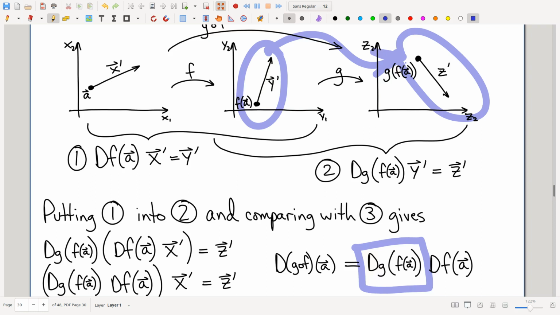We are at this point, f of A. We are not at the point A. We are nowhere near the point A. A doesn't even live in the same universe as where we are when we're talking about the DG matrix. The DG matrix is defined over here in Y world.